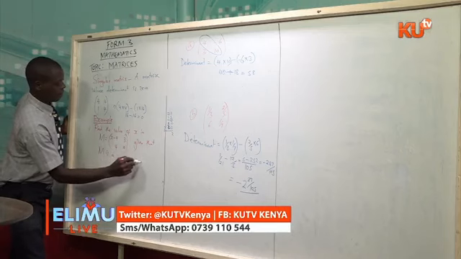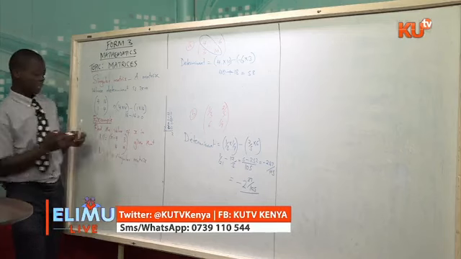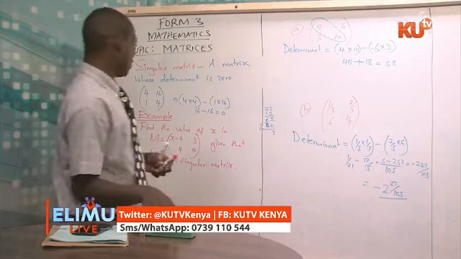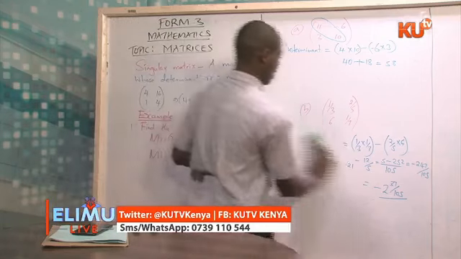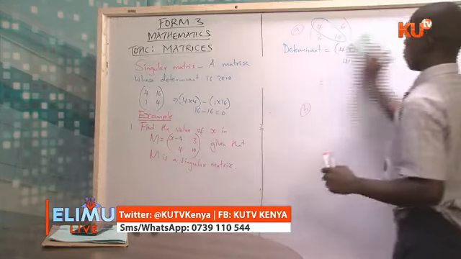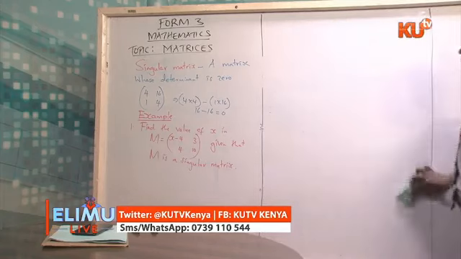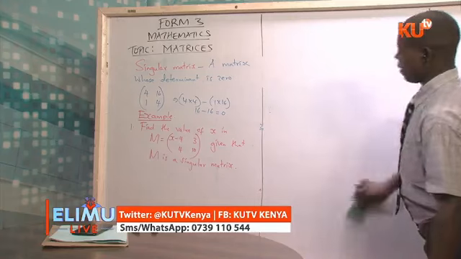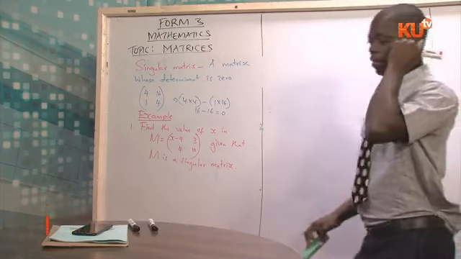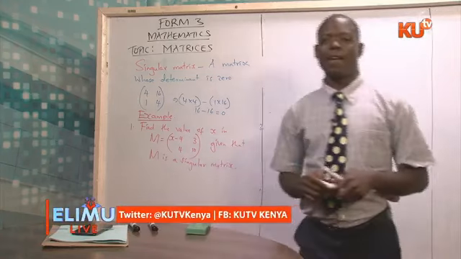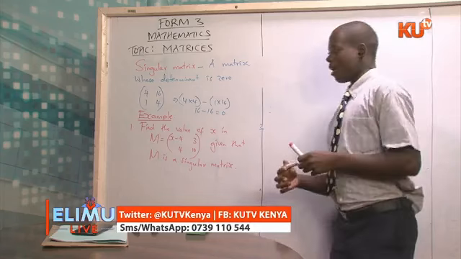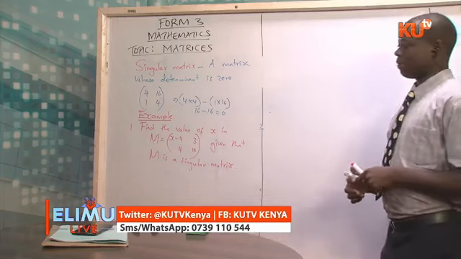We determine the value of x in the matrix M, whose elements are x less 4, 3, 4, and 10. And the instruction is that M is a singular matrix.